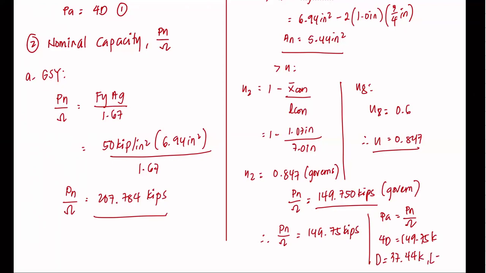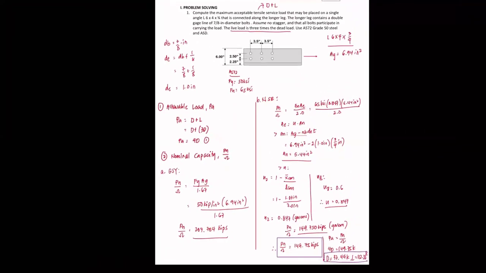And then for live load, that is times 3 of that value, that is 112.32 kips. So whichever is given in the multiple choice, if there is any, this can be your answer for the maximum service load. So that's how you calculate this problem.